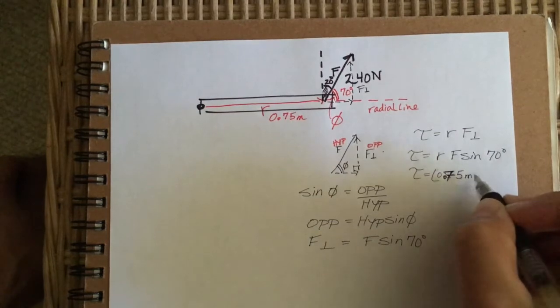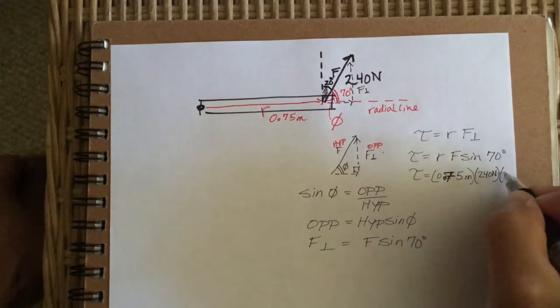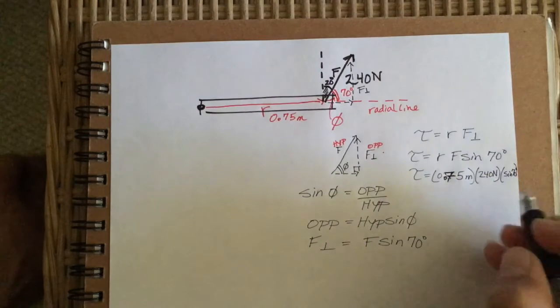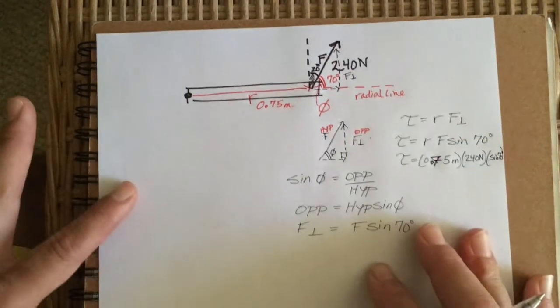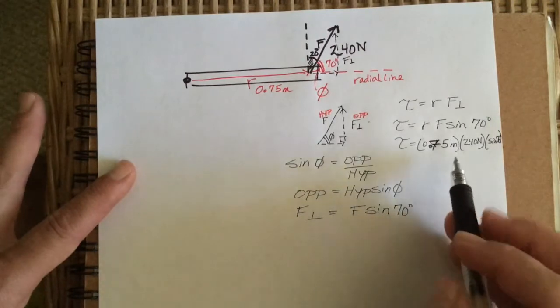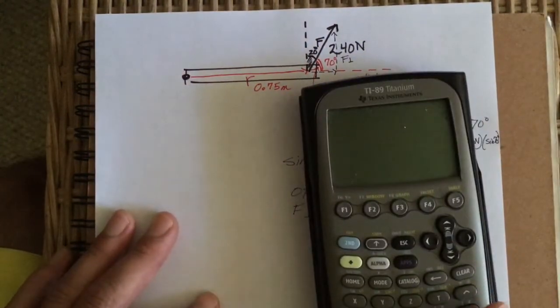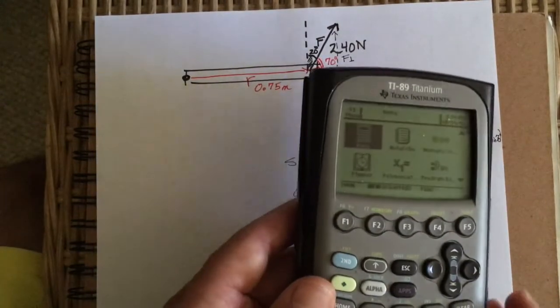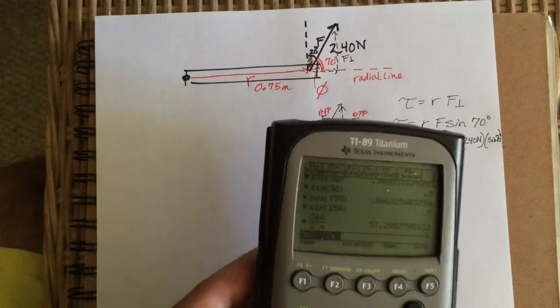R is equal to 0.75 meters times 240 newtons times sine of 70. It's getting hard to see. Hopefully that's clear. 0.75 meters times 240 newtons times sine 70. If we plug that in our calculator, it should be in degrees.